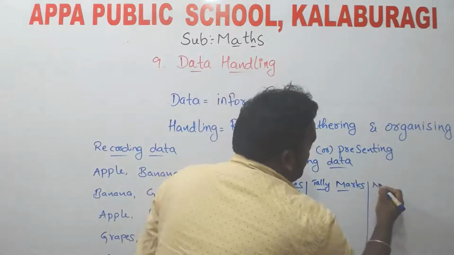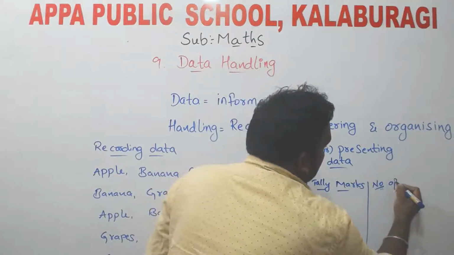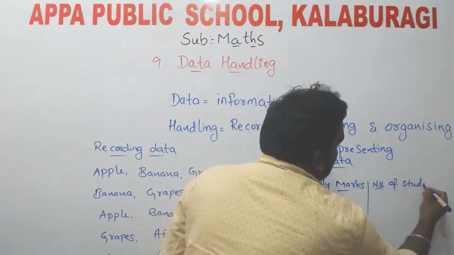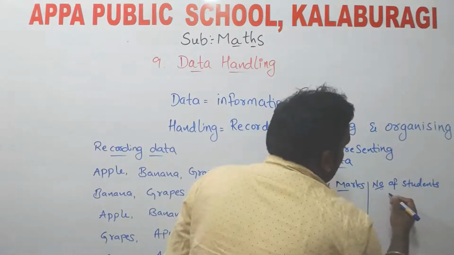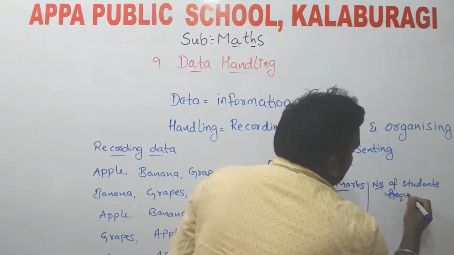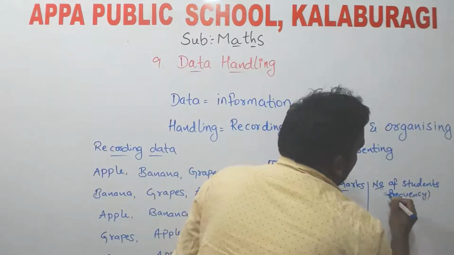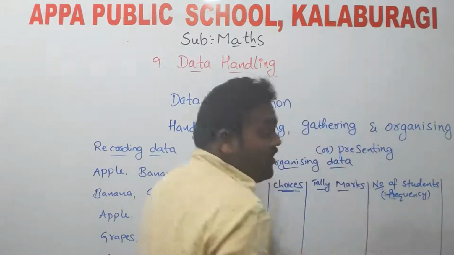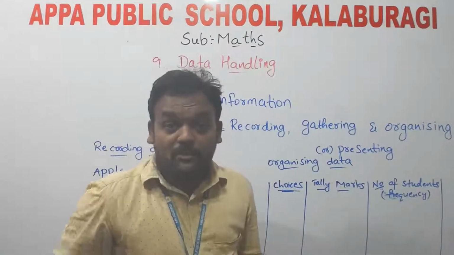Next is the number of students. This is called a frequency distribution table.